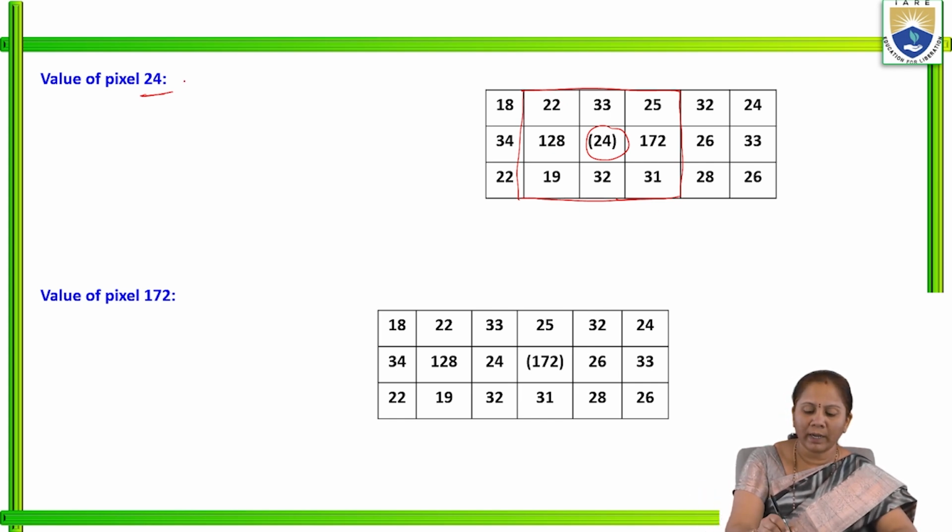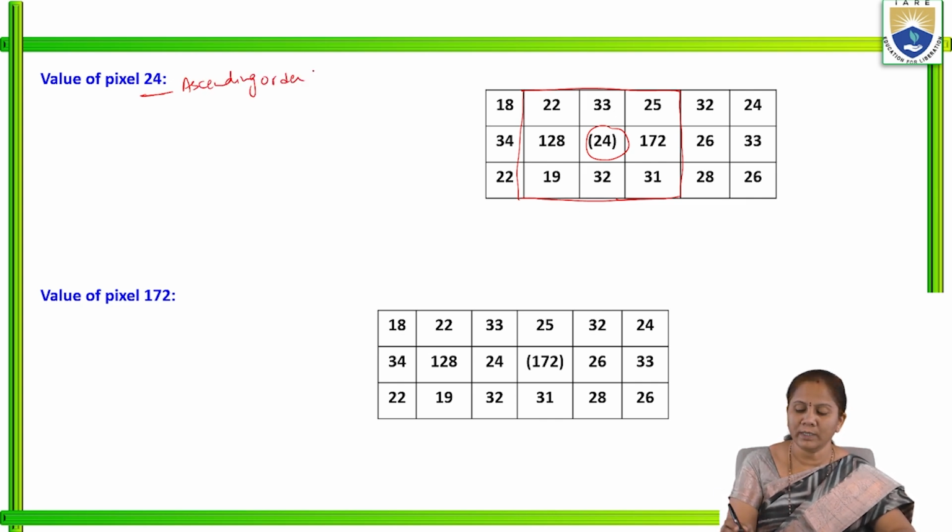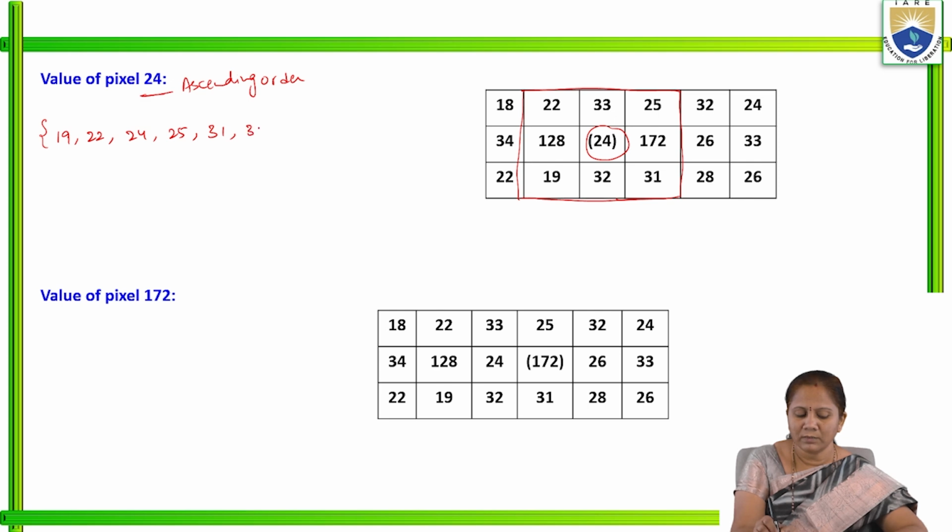First we have to arrange all these pixels in ascending order. Totally 9 pixels. After arranging in ascending order, we get 19, 22, 24, 25, 31, 32, 33, 128 and 172.